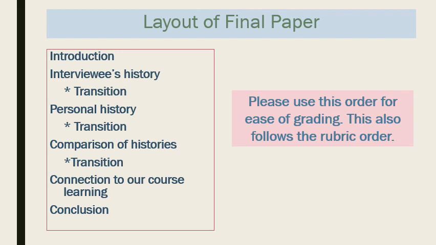So a good example, say, of a transition between the interviewee's history and your own personal history might be, after you've written everything about the interviewee, to say something along the lines of, we all have unique personal histories with regard to our literacy development.